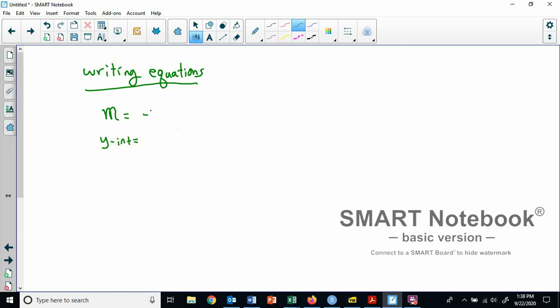So let's do this. Slope of negative 2/3, y-intercept of (0, -5). Could you write the equation? Well, yeah, this is really simple, because remember, all I have to do to write the equation is put in the slope and put in the y-intercept, which is just -5 here. That's the b. When I write it as a point, it's (0, b).